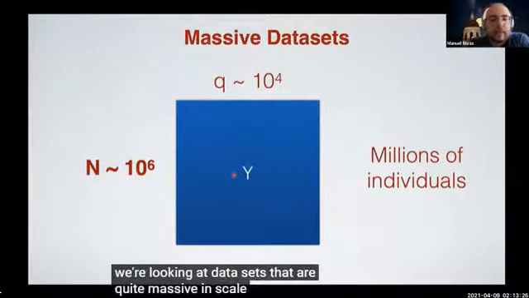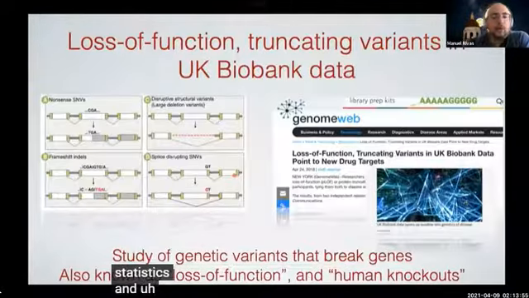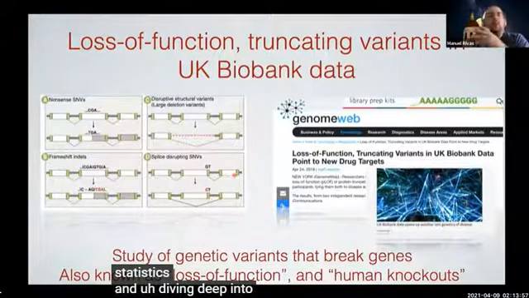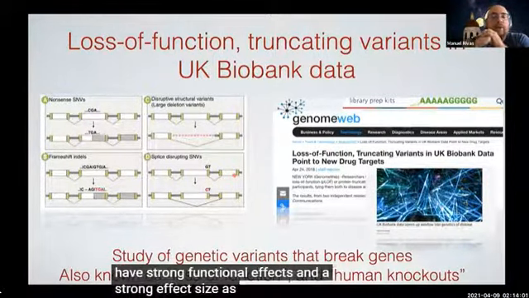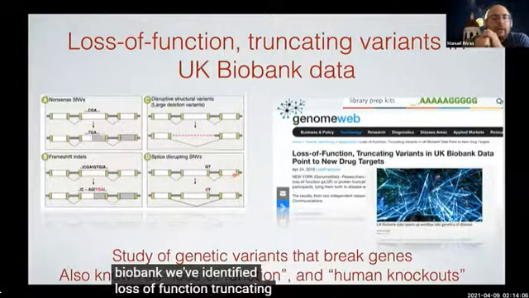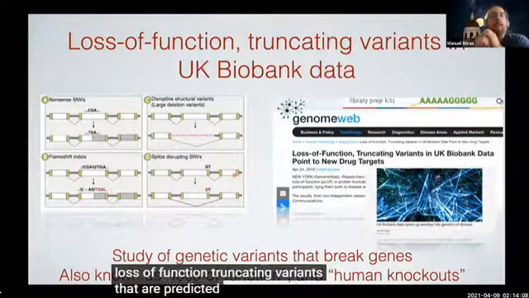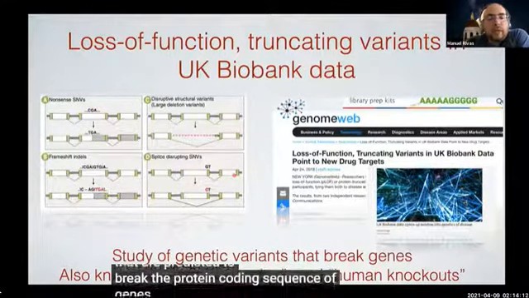One way to do that is by going from these big data sets to small data sets where you have summary statistics, and diving deep into genetic variants that are predicted to have strong functional effects and a strong effect size as well. In the UK Biobank, we've identified loss of function truncating variants that are predicted to break the protein coding sequence of genes.